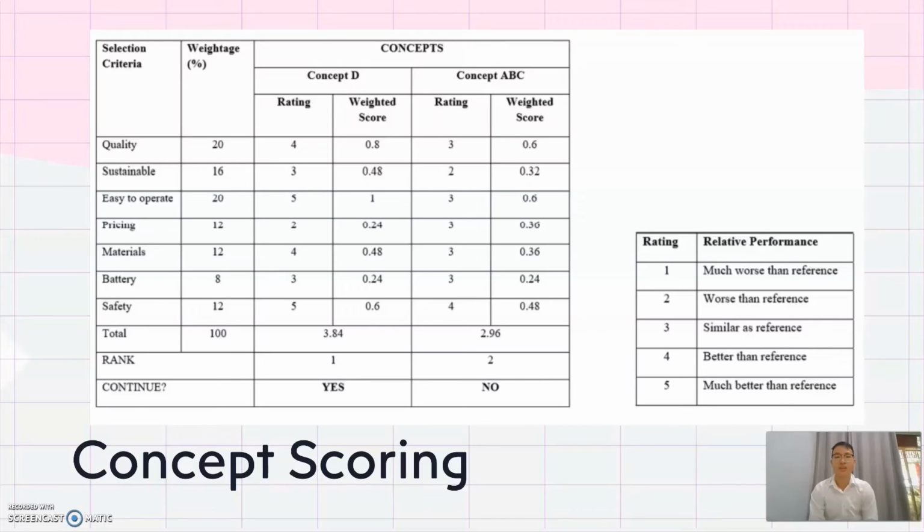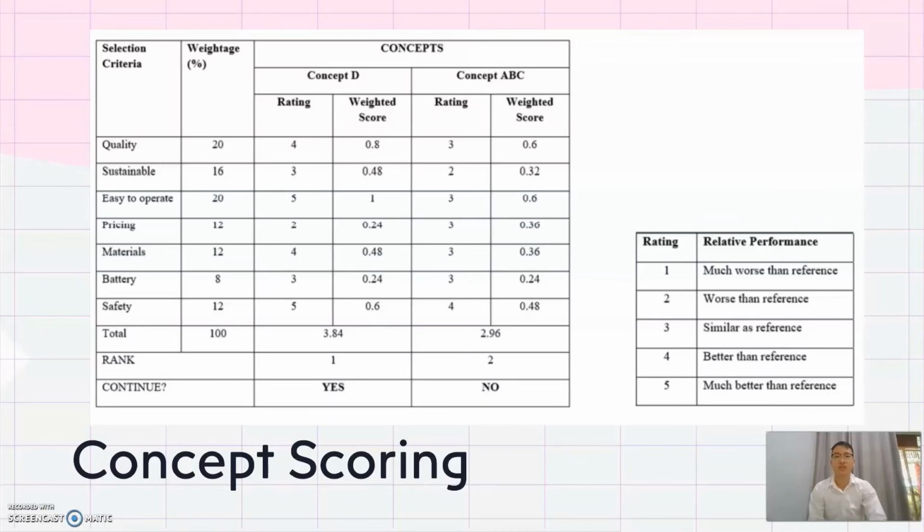From this table, we can see that the total mark of concept D is 3.84, which is higher than concepts A, B, C, which is only 2.96. So concept D will rank 1 and continue. So the final concept that we choose is concept D.